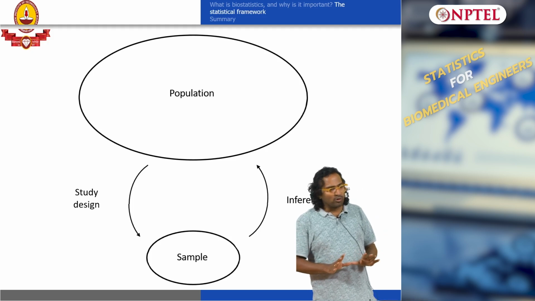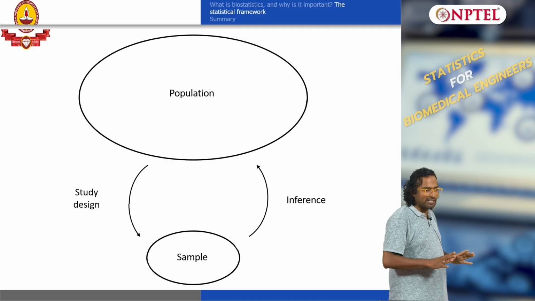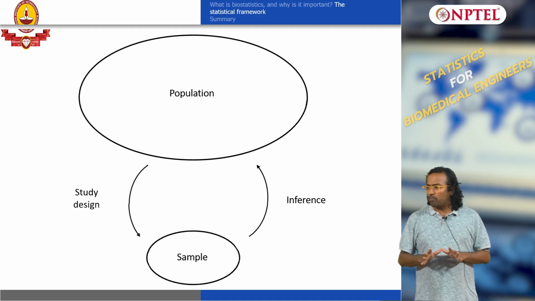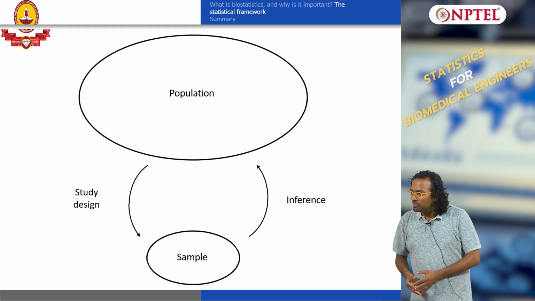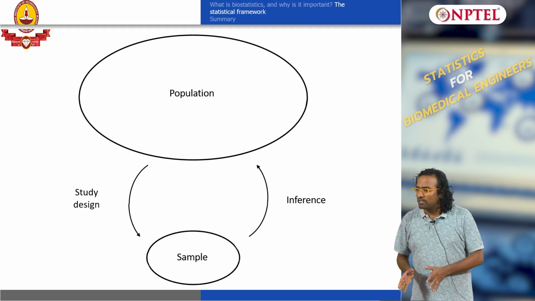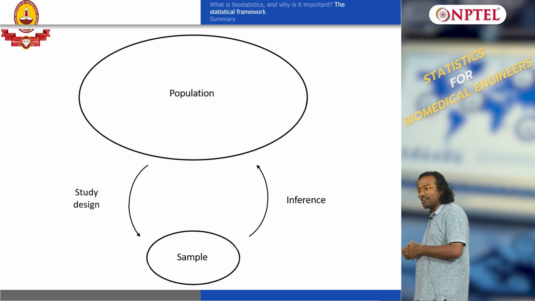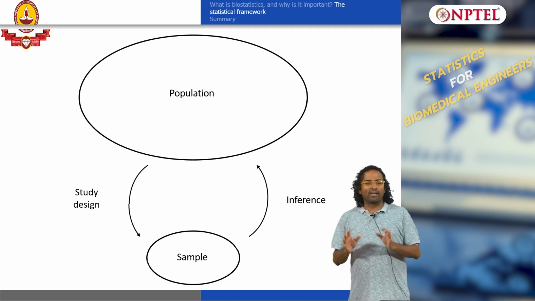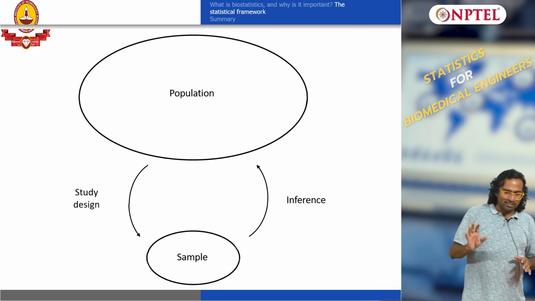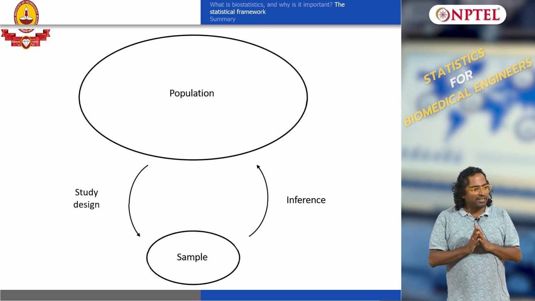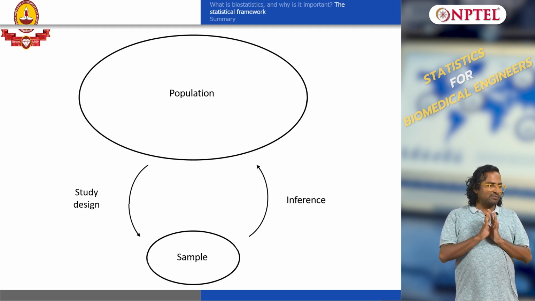This is not just true in clinical trials; in any experimental study one has to be very clear about the population. Do not take it very generic, then you may never be able to prove the efficacy, prove it is working, and it will result in throwing away your hypothesis. So, you have to very clearly define the population.